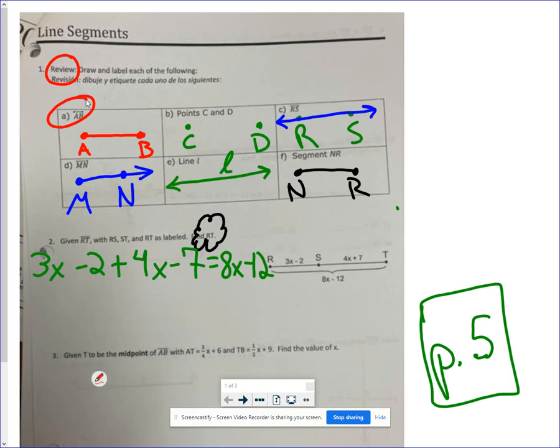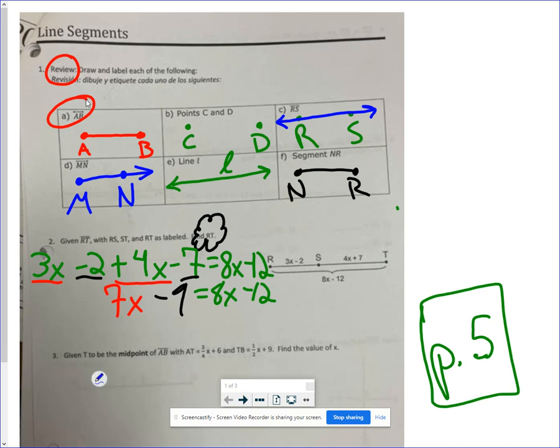3x plus 4x, we can combine like terms. That's 7x. Minus 2 and minus 7 makes minus 9. Bring down the rest of the equation. Now we want to move one of the x's to the other side.